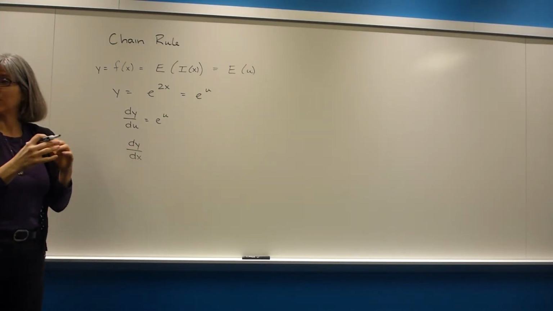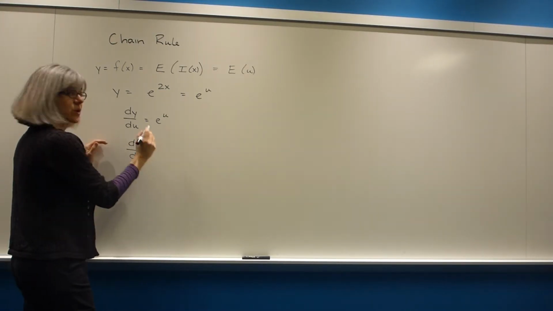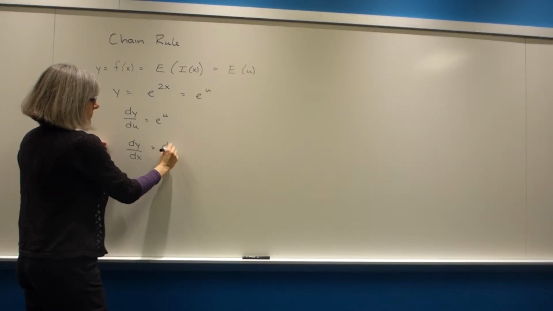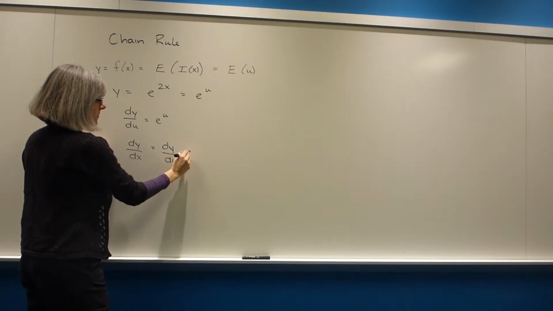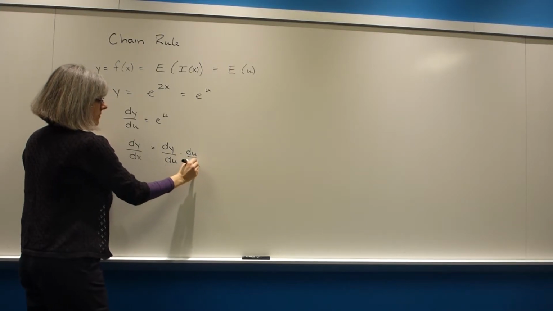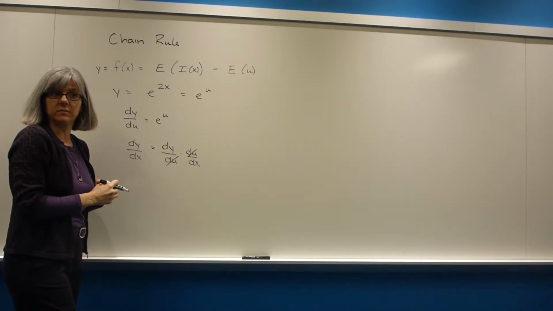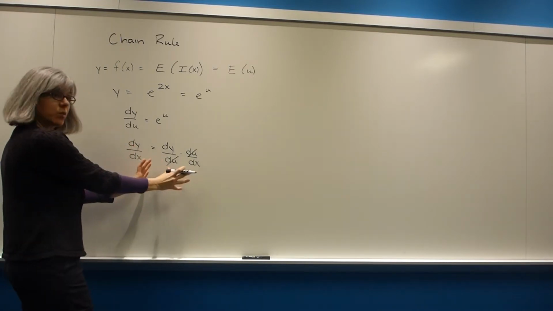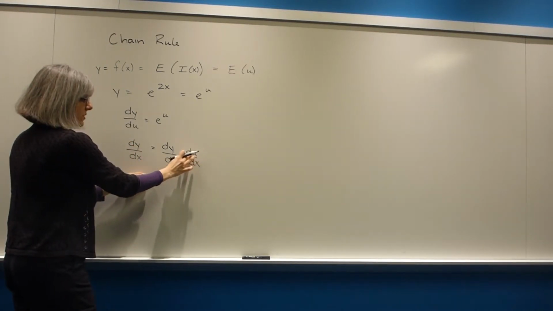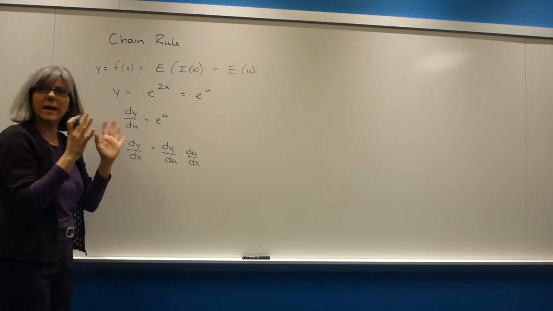And this is not actually how this works, but it's a good way to remember it. What are you left with? dy dx. So this is telling you what you need to do. I'm going to take that off. That's just a way to remember it.